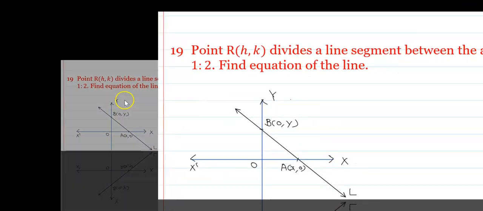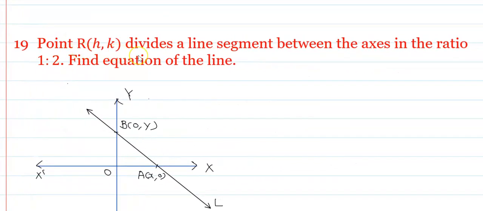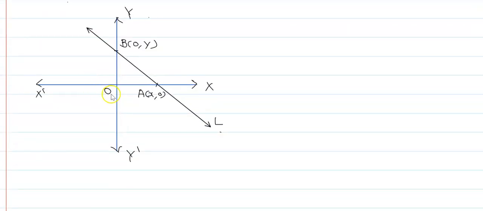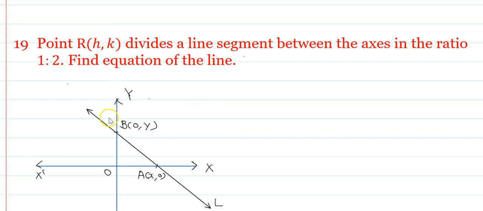Now the next question is: point R(h, k) divides the line segment between the axes in the ratio 1:2. Find the equation of the line. This is the line L, and it is between the axes, and here R is the point whose coordinate is (h, k). This R point divides AB in the ratio 1:2.